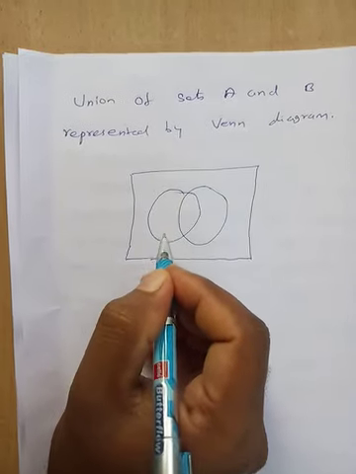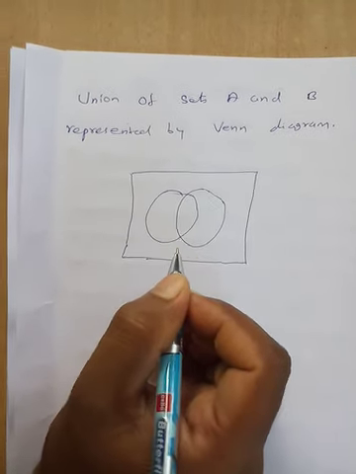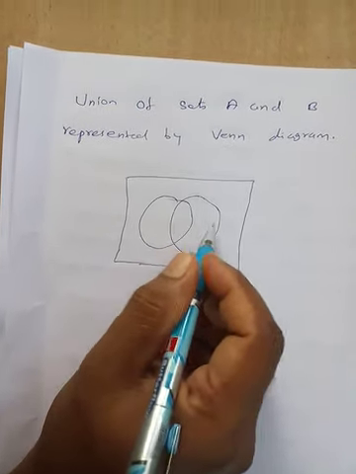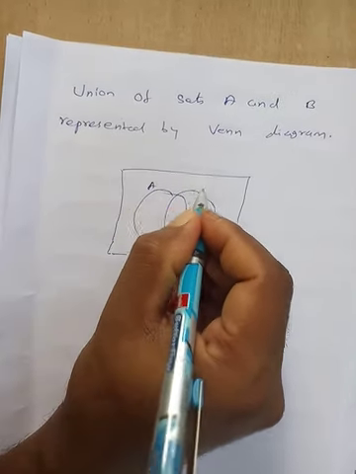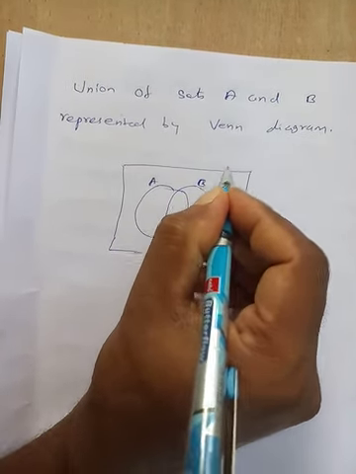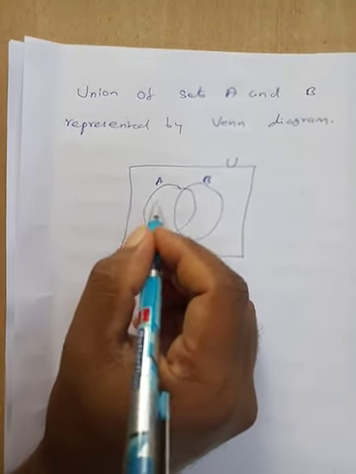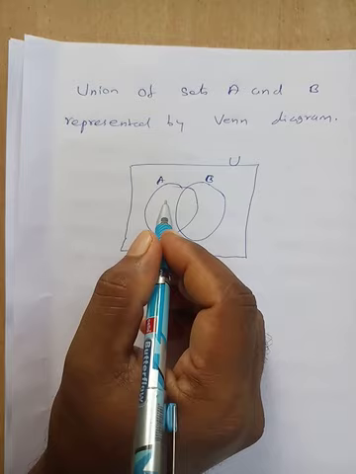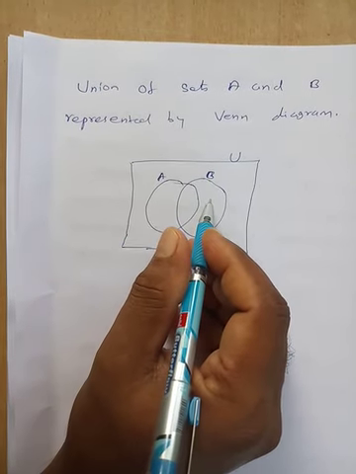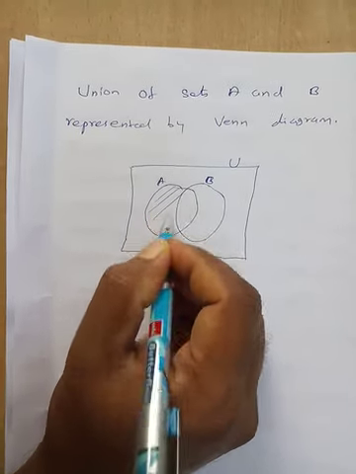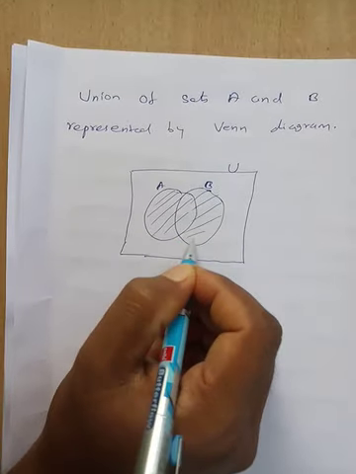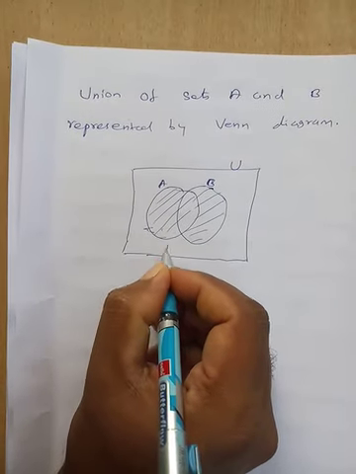Overlapping sets means that both sets have some common elements. This is the common region of both sets. Set A, set B, this is the universal set. Now A ∪ B is the elements contained either in A or in B. So these added regions are represented by A ∪ B.